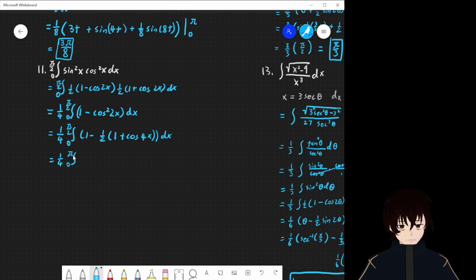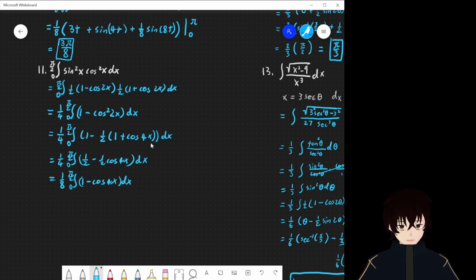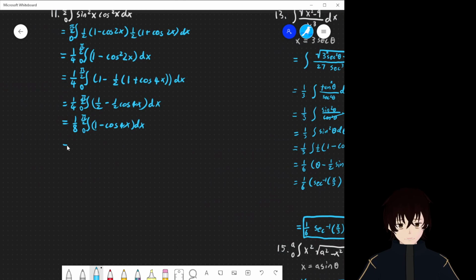Simplify that: 1 minus 1/2 is 1/2, minus 1/2 cosine of 4x dx. Simplify again, we get 1 over 8, from 0 to pi over 2, of 1 minus cosine 4x dx, which is simple enough to solve.